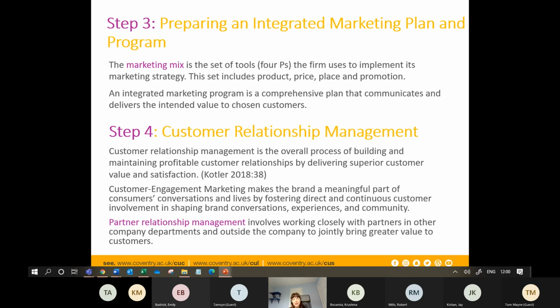Or the other way is to start with more of a blank sheet and go, actually, our ideal customer is this, this is their interest, this is their behaviours, this is their income, and what they'd then like is a product that has these benefits and costs this amount. In order to service them well, we need to be available at these places, and this is how we're going to promote it. So we can do it based on the customer, or we can do it the other way around, based on the offering first. But whatever we do, it has to stack up.